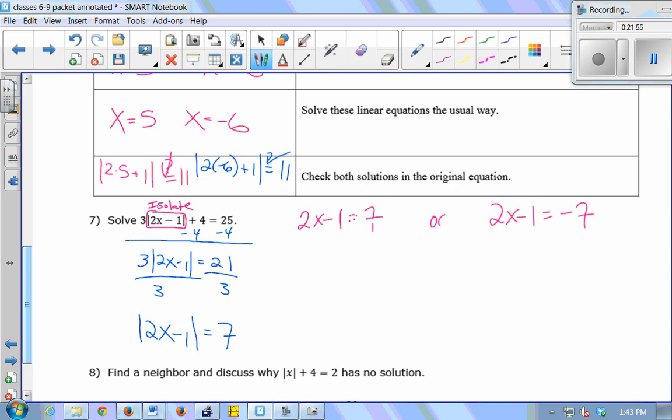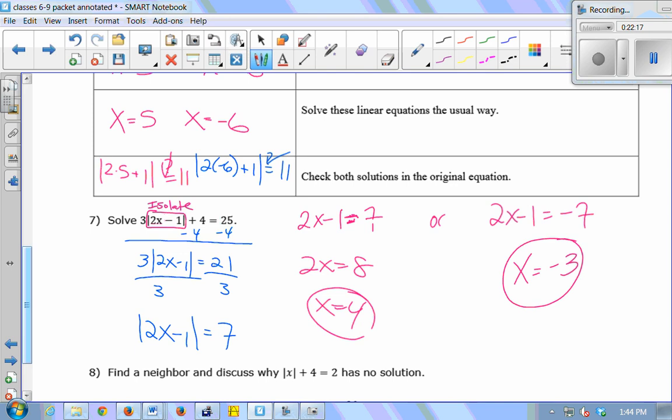If I take the absolute value of it and I get 7, it is either 7 or negative 7. So then I solve both of these and I get 2x equals 8 and x equals 4. Or 2x equals negative 6, so x is negative 3. That makes sense? Dump the water on the floor.